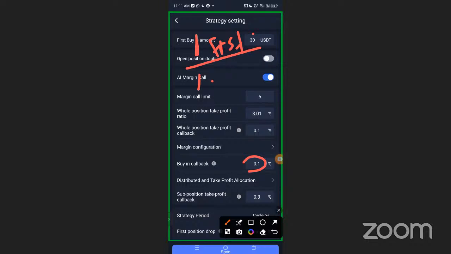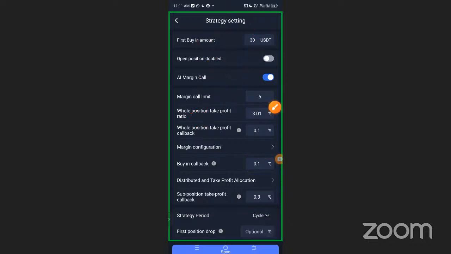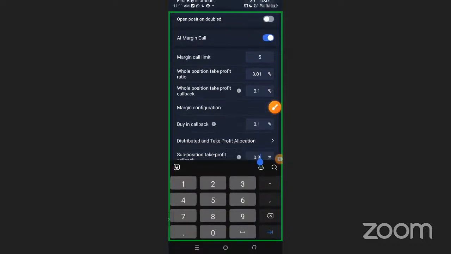At what percentage? That is 0.1, for the robot to buy the second call. Come here. On sub position, take a profit callback, put 0.1.